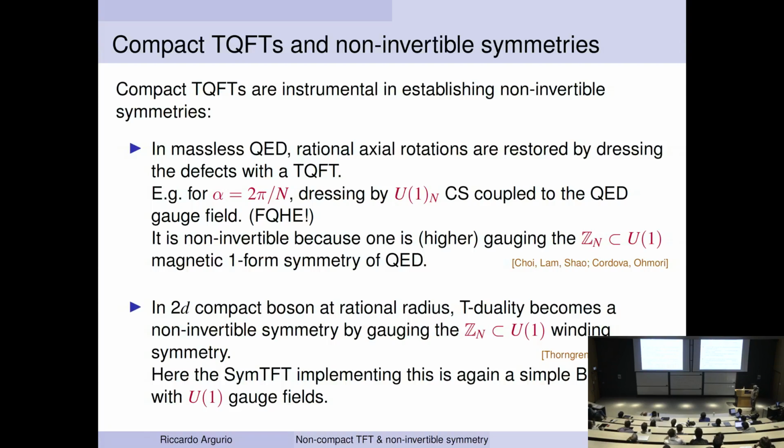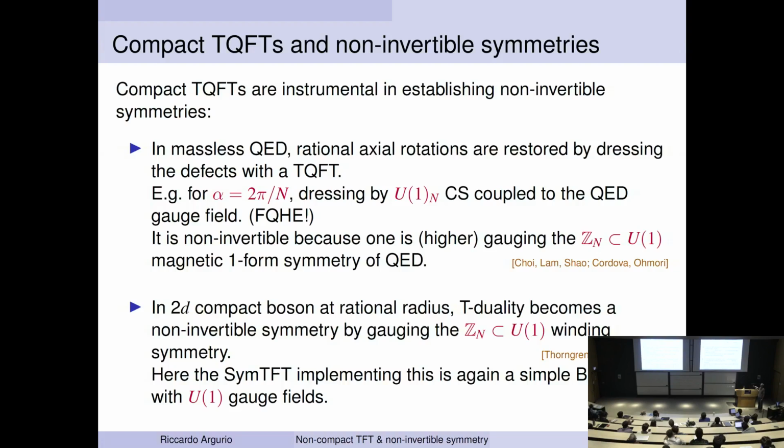I'm going to go very quickly here because I'm going to expand on both examples later. Let me emphasize two of the uses that have been made of these compact TQFTs. In one case, it is the idea of addressing topological defects with topological theories. This has been used in massless QED, where the axial symmetry is famously ABJ anomalous.